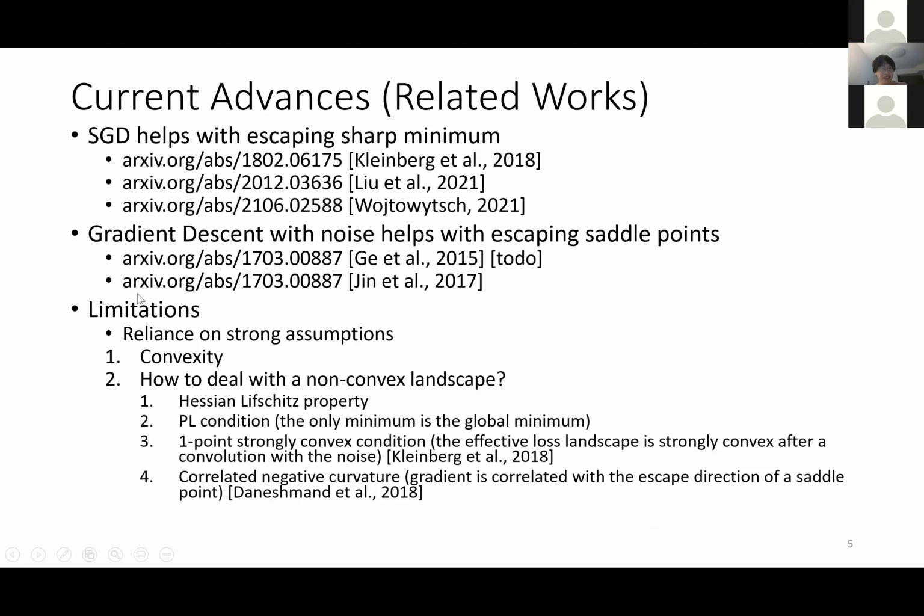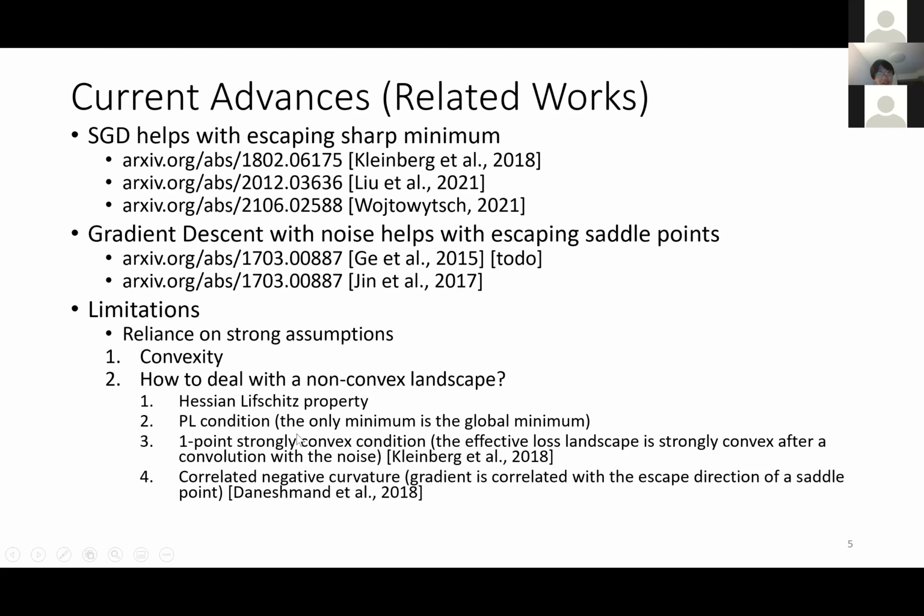The limitation of previous works is the reliance on strong assumptions. The most classical kinds of works work on convex problems, but at this point, convex loss functions are quite well understood. So the problem of dealing with neural networks has to do with how to deal with a non-convex landscape.